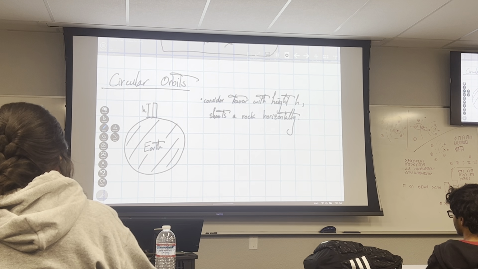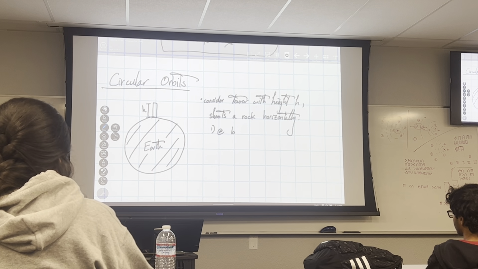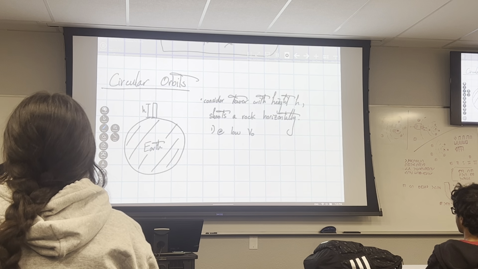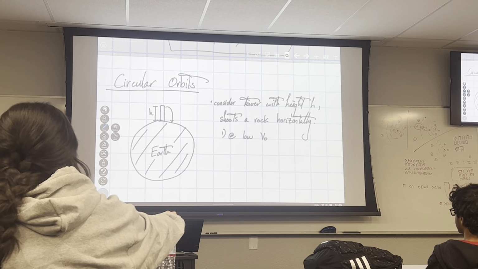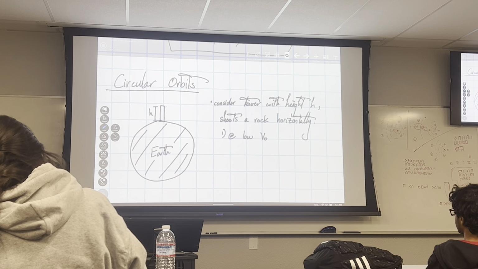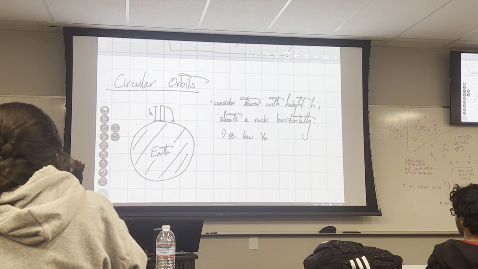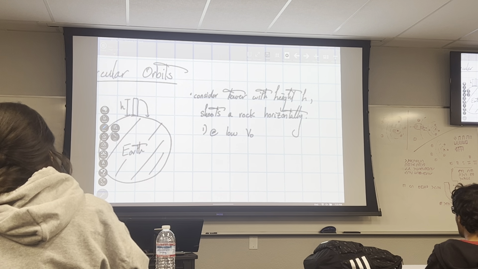So we're going to start shooting at very low speeds. At low speed v naught, the trajectory of the rock is going to look something like this. Right, parabolic. This is just a continuation of projectile motion.